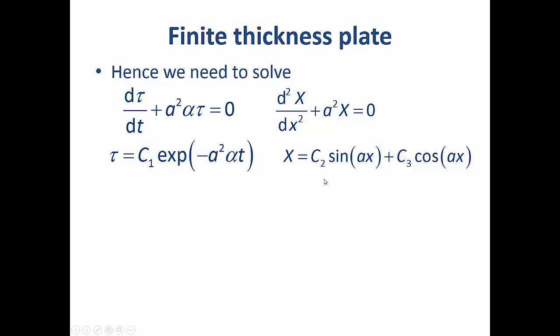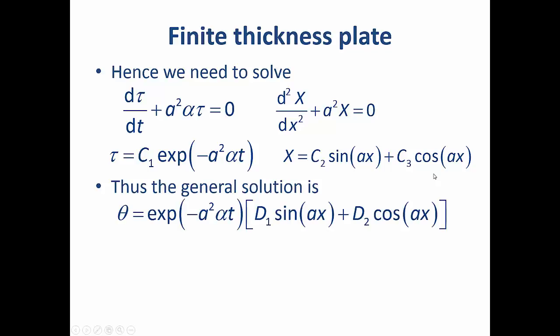Therefore, the standard solution is that X equals some constant times sine of ax plus another constant times cos of ax. Thus, my general solution is theta equals the exponent of minus a squared alpha t, some constant times sine ax plus another constant times cos ax. D1 is equal to c1 times c2, and D2 is equal to c1 times c3.